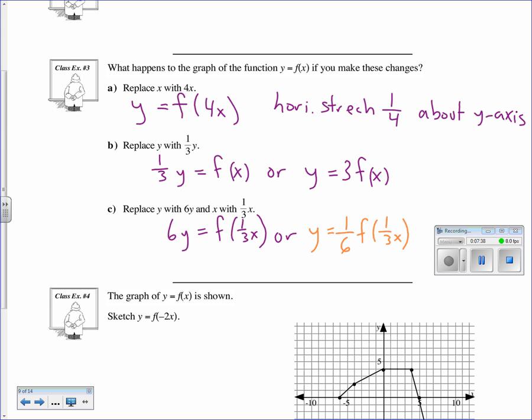The next one is a vertical stretch. So that's a vertical stretch of 3 about the x-axis.